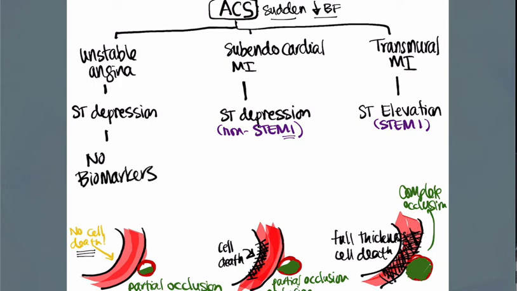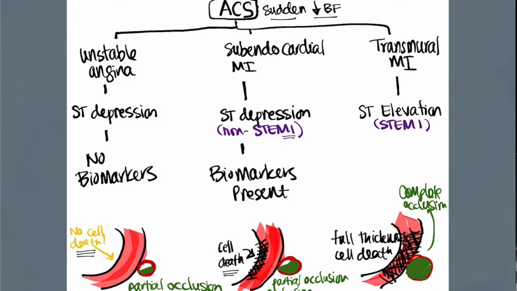By biomarkers, that's cardiac enzymes in the blood. In a subendocardial MI, there is cell death. The cells that are in the subendocardial region are spilling their intracellular elements into the blood. So when they test the blood, you would expect biomarkers present.